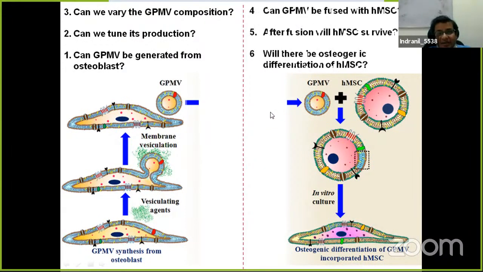Then we ask, can GPMP generated from this osteoblast be fused with the HMSC? After fusion, will this HMSC survive? And then what will the osteogenic differentiation of HMSC be? So these are the 6 questions we formulated at the beginning, and in the rest of the slides I will show how we answer them one by one and finally lead to a conclusion that GPMB from osteoblast cells has good bioactive potential and can be used as a therapeutic cargo.